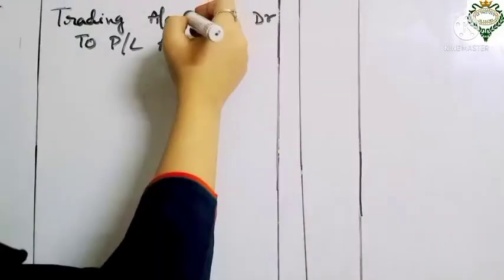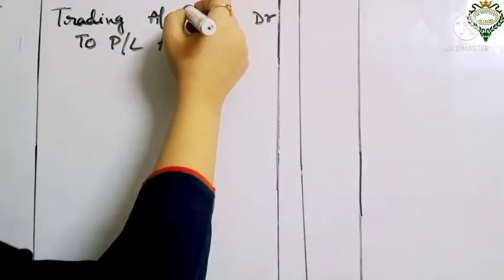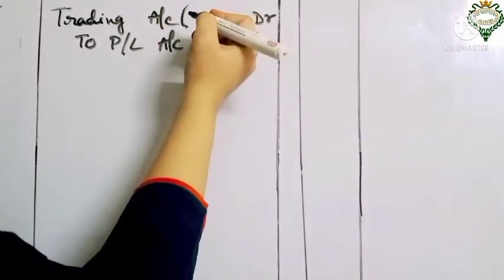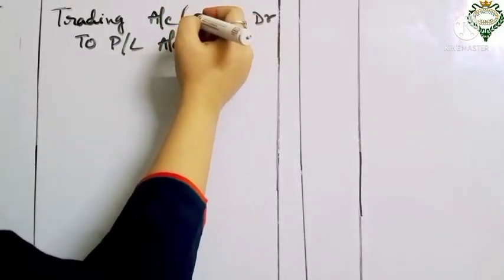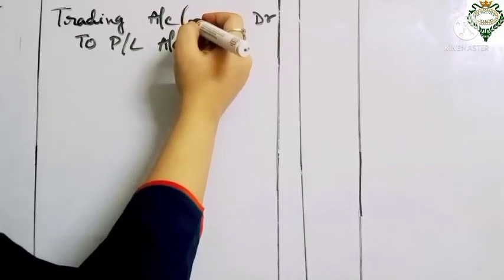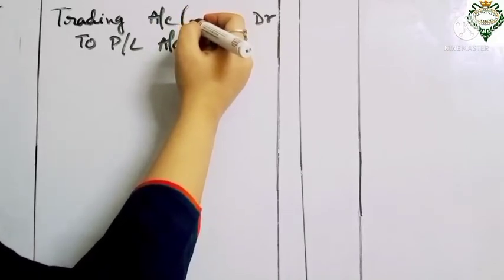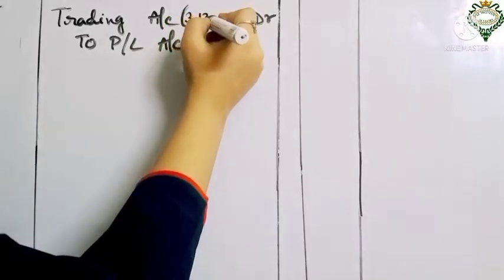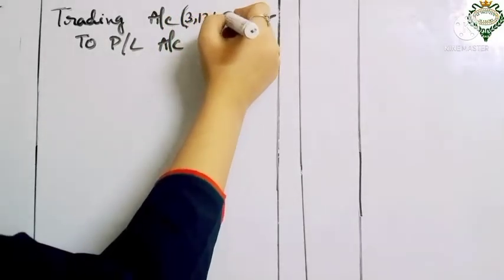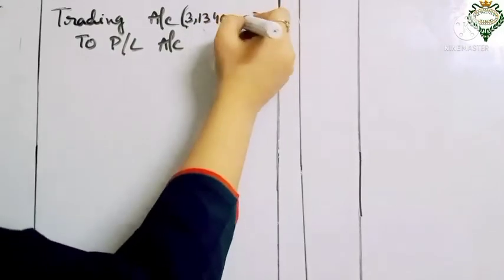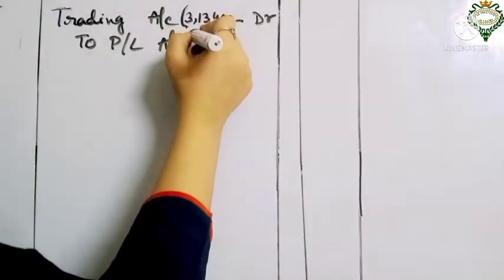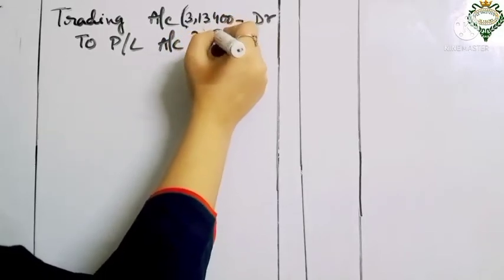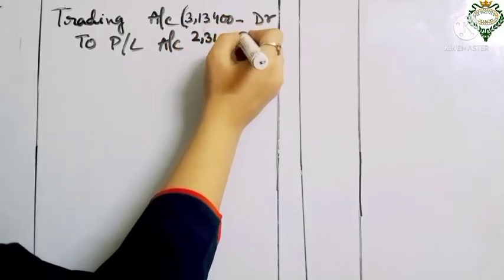So the amount will be, I am writing here for you, like it will get it by subtracting the expenses from the incomes, okay. So the incomes that we have got was 3,13,400, from which we will subtract the expenses that we have transferred to trading account, that is 2,31,200, okay.